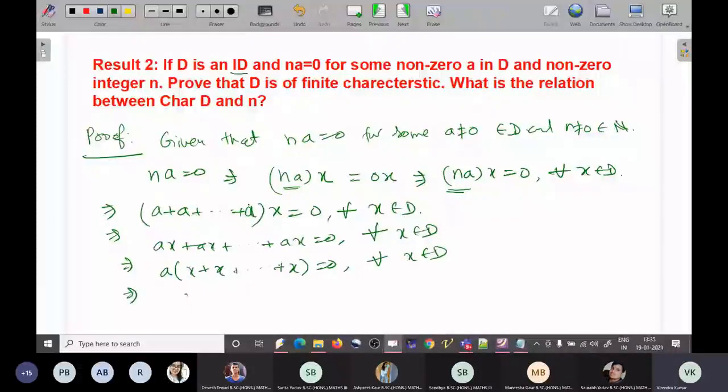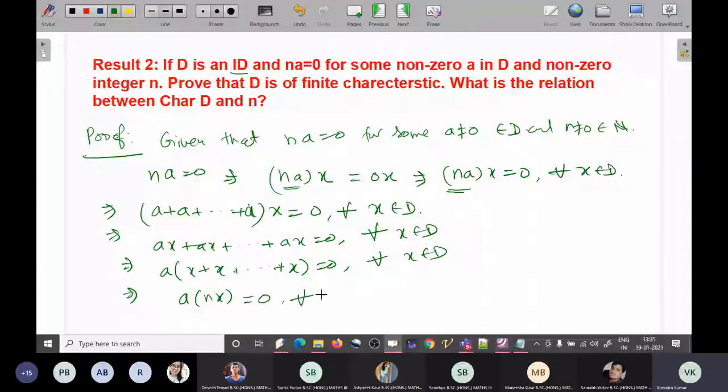This implies that a times nx equals 0, fine.